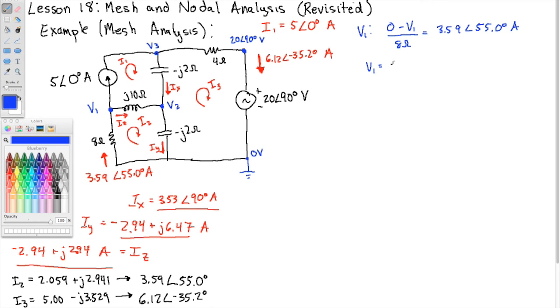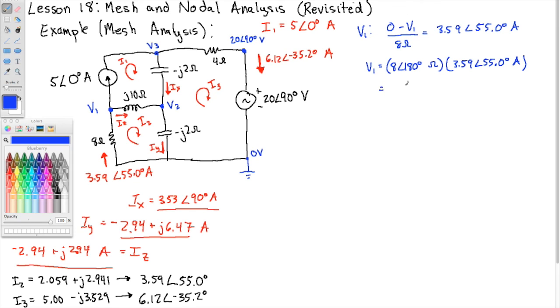So I'm going to multiply by, again, 8 angle 180 degrees ohms times 3.59 angle 55.0 degrees amps. The minus sign is a phase of 180 degrees.